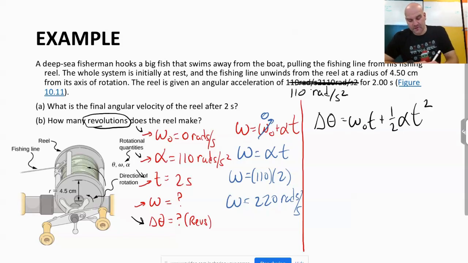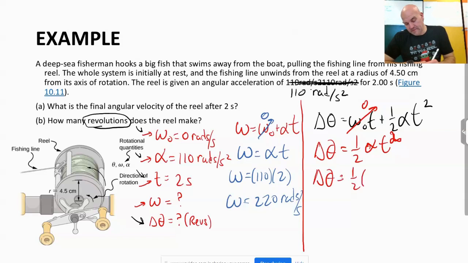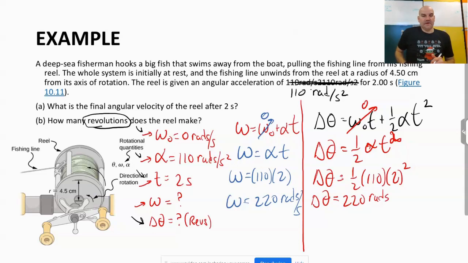But just like before, omega 0 is 0. So all I'm really looking at is the 1/2 alpha t squared part, right? And so delta theta equals 1/2 times 110 times 2 squared, okay? Which will give me the same answer as my omega, but I'm not looking for it in radians.